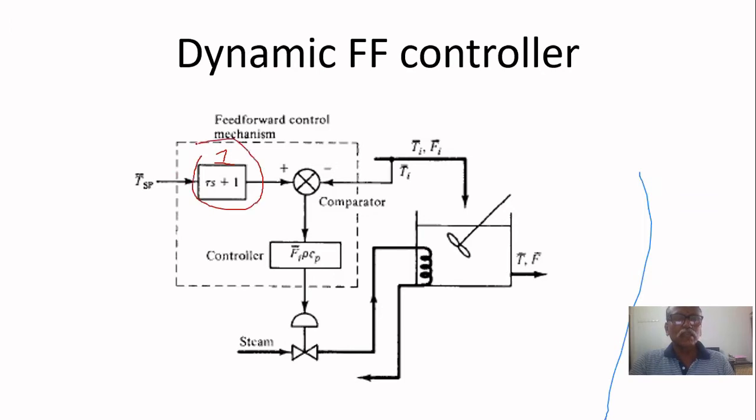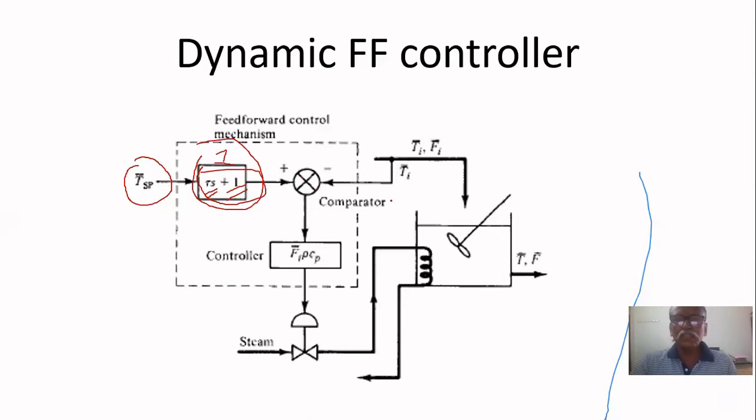Here the dynamic one becomes tau S plus 1. If you multiply the set point by tau S plus 1, that is a filter, and the set point should enter through that, then it is a dynamic controller.